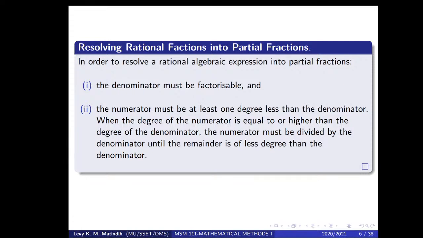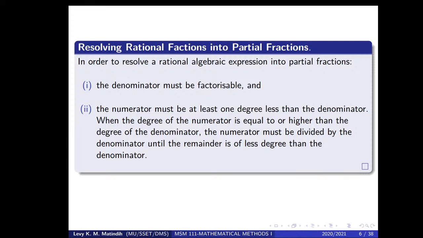When the degree of the numerator is equal to or higher than the degree of the denominator, the numerator must be divided by the denominator until the remainder is of less degree than the denominator.